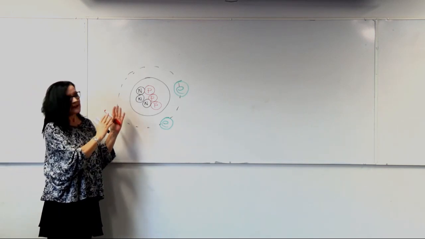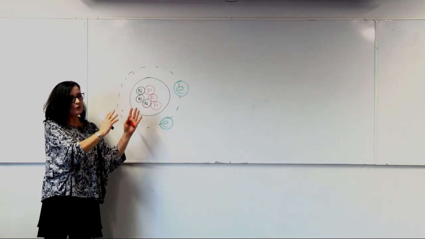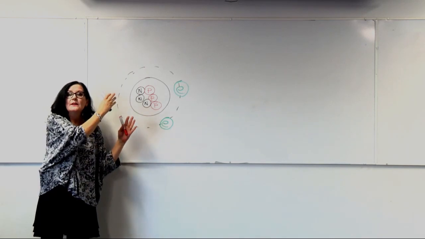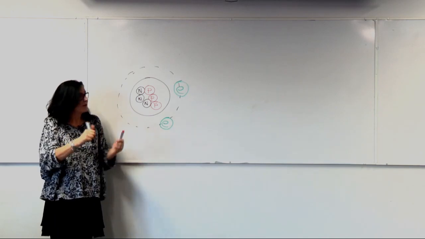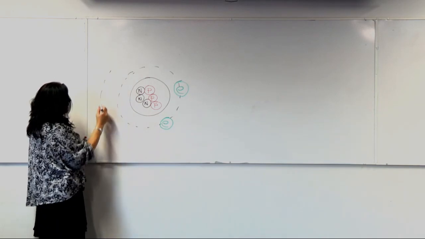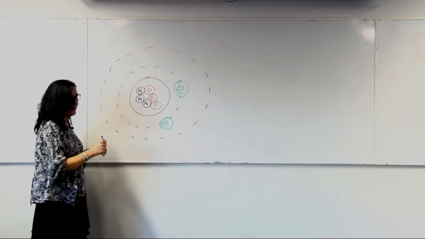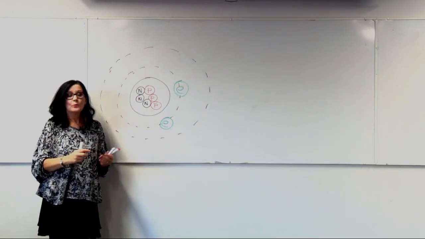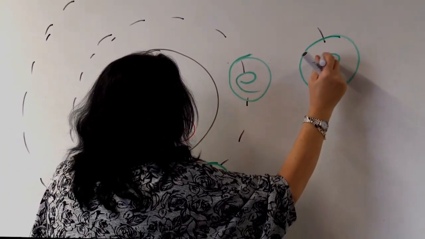Because we have an equal number of protons, neutrons, and electrons in a normal atom, we now need another shell, because the maximum the innermost shell can take is 2. So let's put another shell in. Okay, equal number, we're going to have 1 electron.